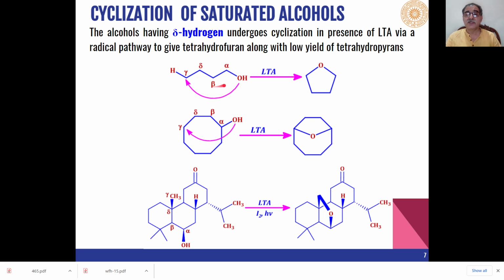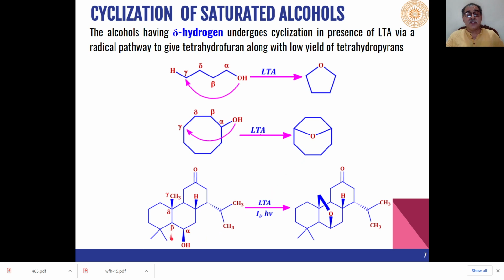So, for example, this alcohol, butanol, having a gamma hydrogen, will undergo cyclization with the hydroxyl group to give us tetrahydropyran as the product. Similarly, this cyclooctanol having a gamma hydrogen will undergo cyclization to give us this type of ether.